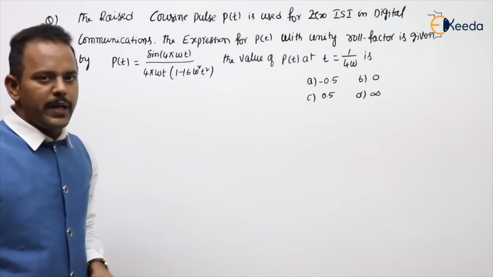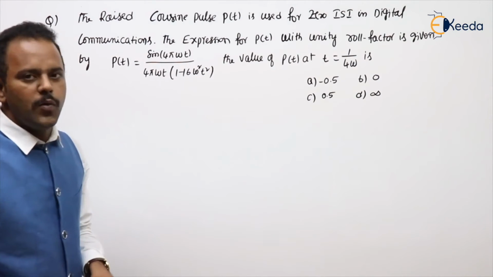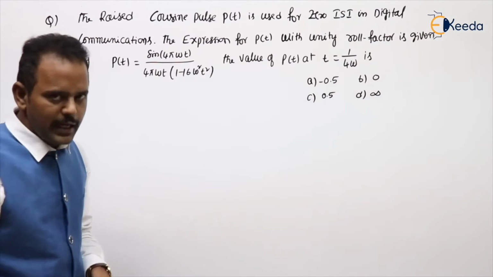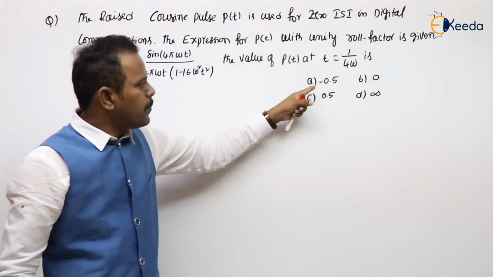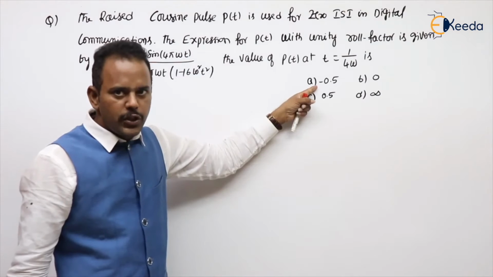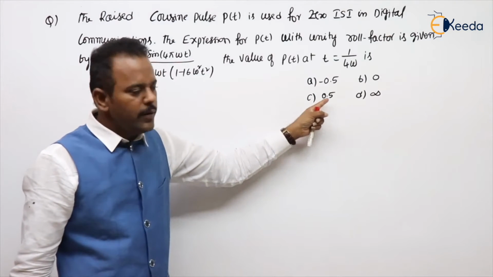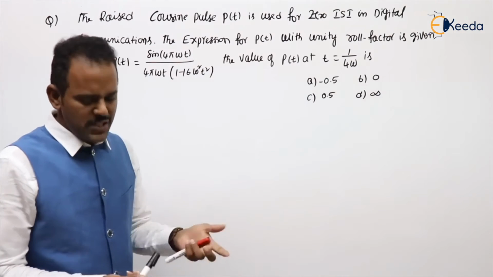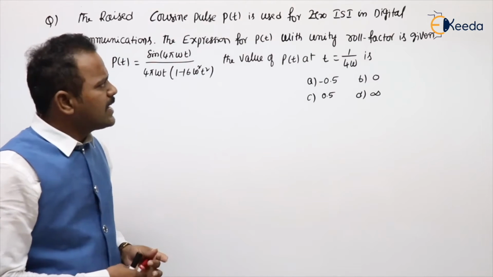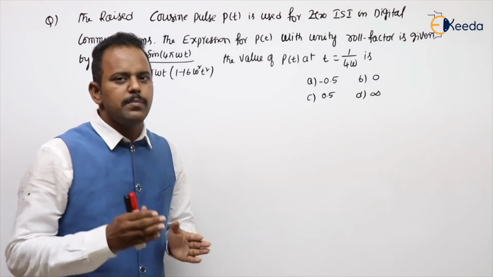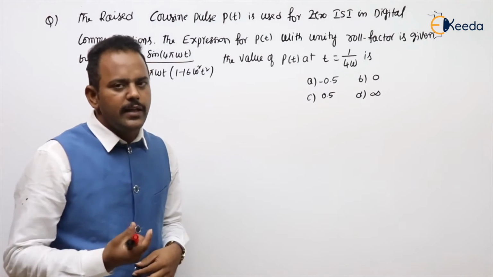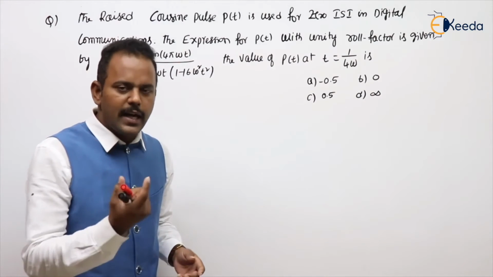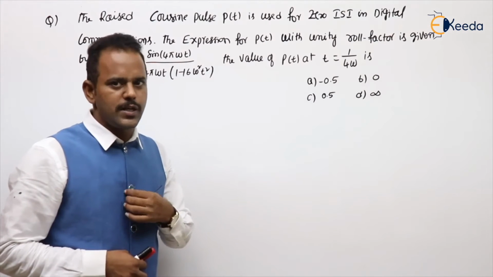The value of p of t at t equal to 1 divided by 4 omega is option A 0.5, option B 0, option C minus 0.5, option D infinity. This is minus 0.5 they gave. Simple. ISI means intersymbol interference. To avoid intersymbol interference, other than the rectangular pulse, we use raised cosine pulses.